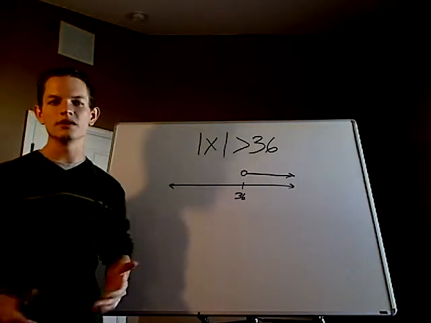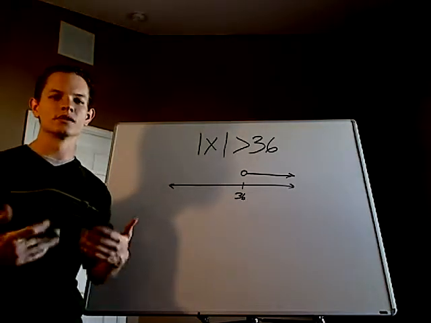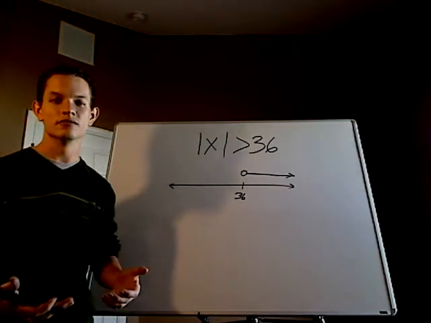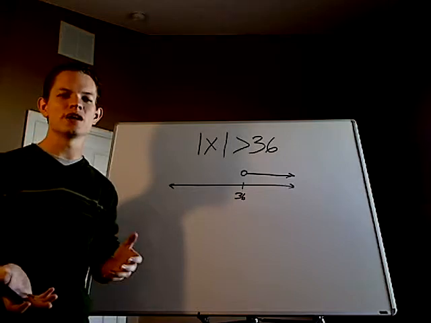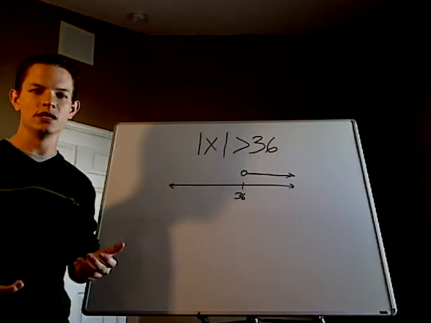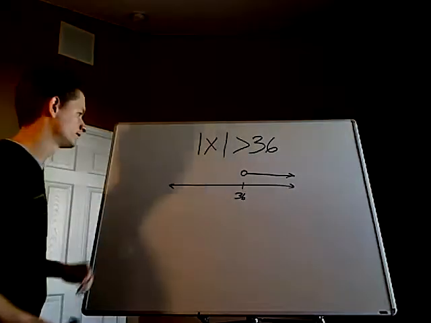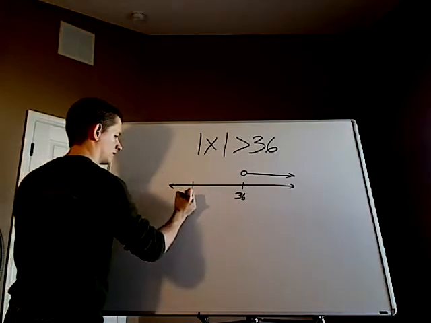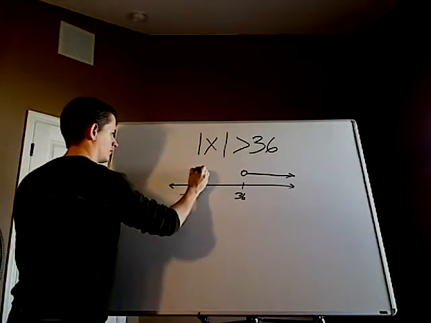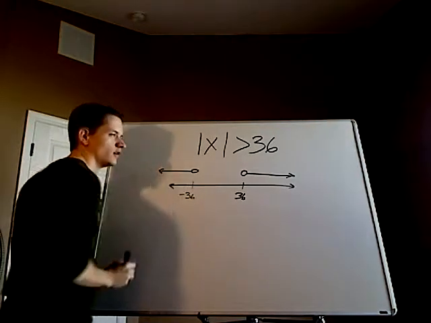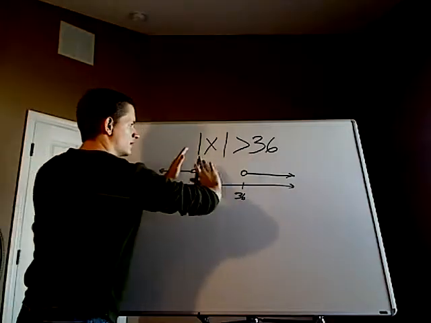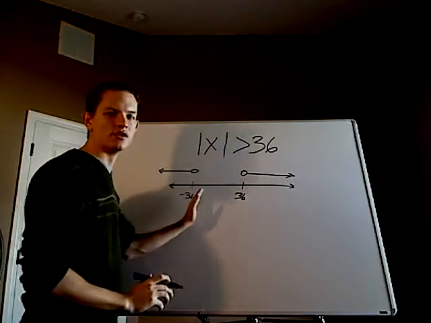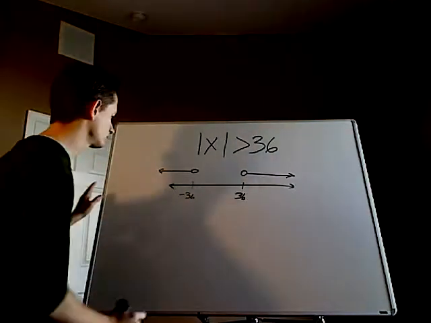Right, it's an inequality, so negative 37 would work, negative 38, because when I take the absolute value of those, it makes it positive. So the absolute value of negative 37 would be positive 37. So this absolute value problem is going to look something like this.